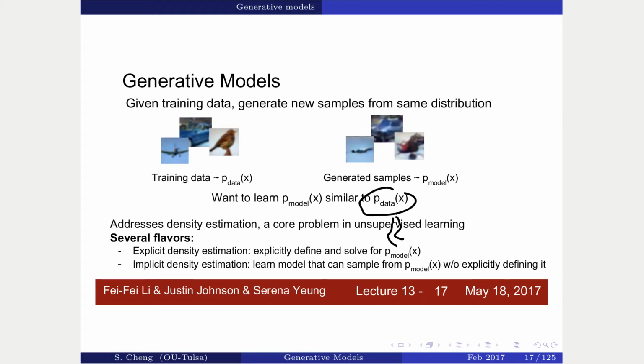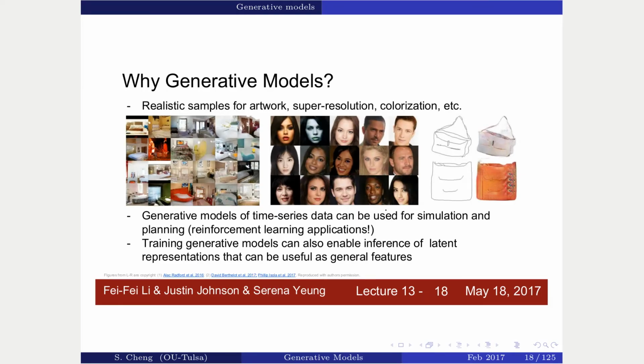It can also be implicit, in the sense that we're not trying to find out what this p data distribution is, but somehow, without knowing or learning p data, we are able to generate data that is close to the p data distribution. And what's the use of generative models?